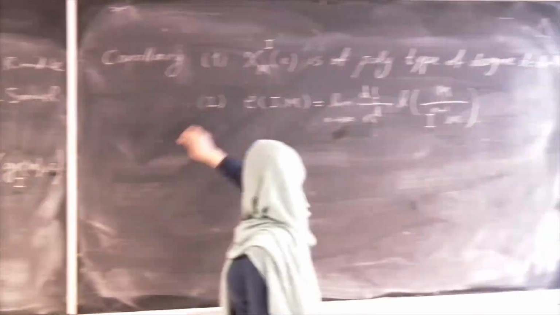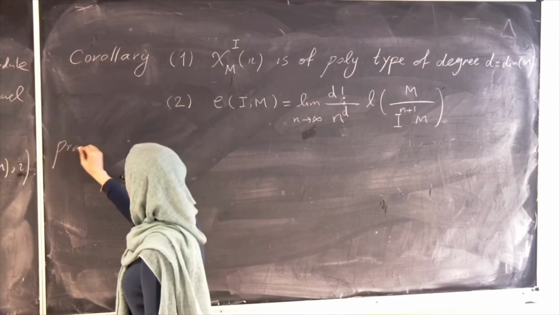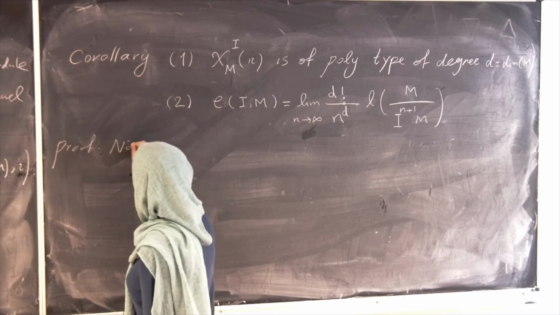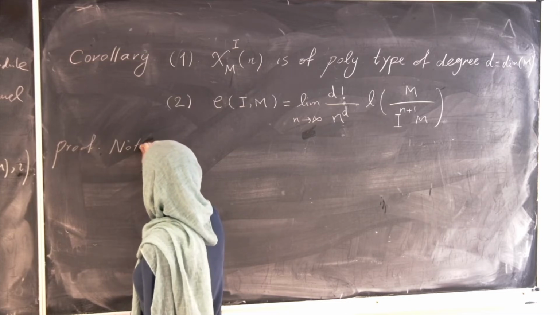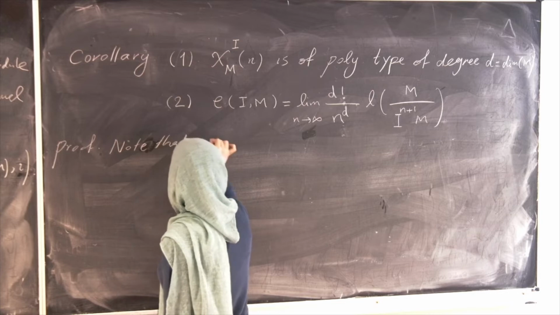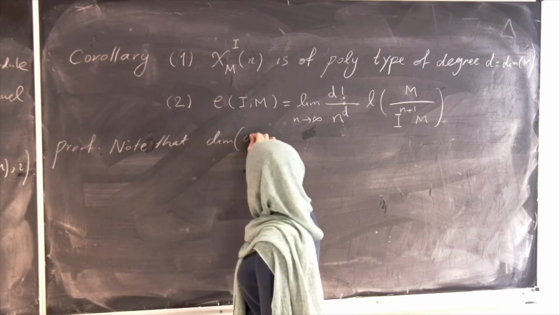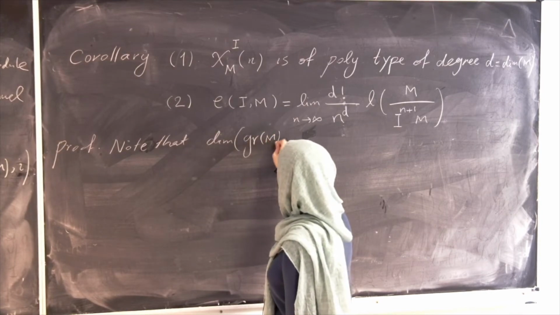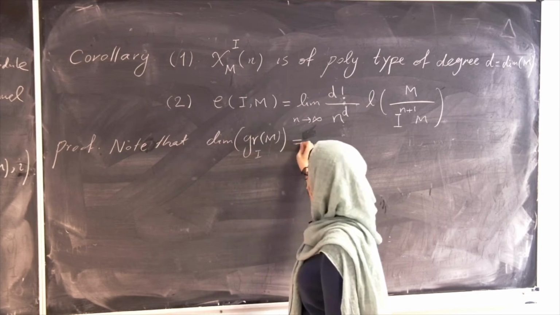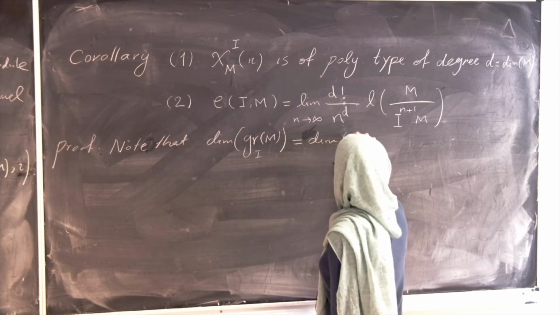So for the first part, we just use the fact that the dimension of the associated graded module of M with respect to I is just the dimension of the module.